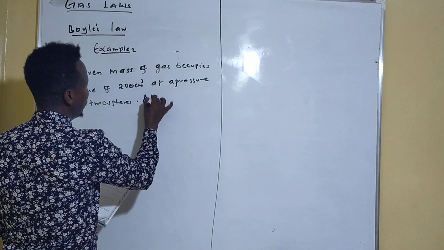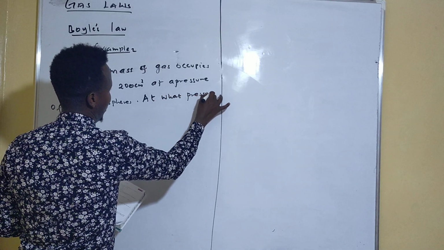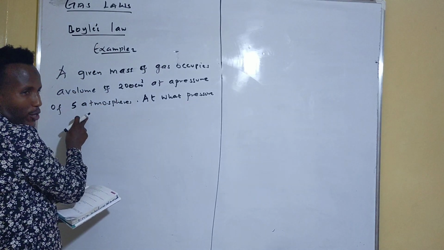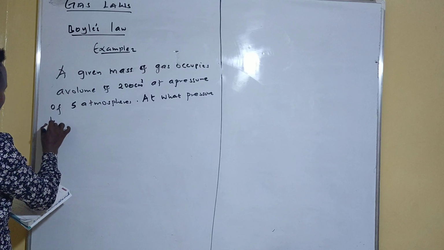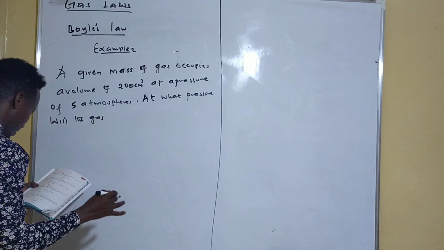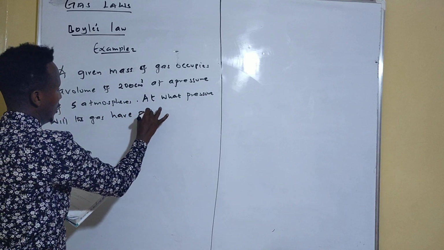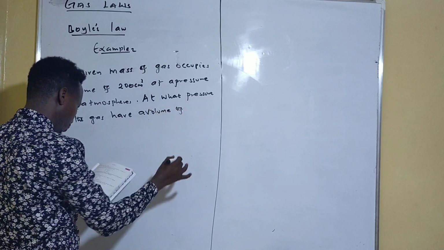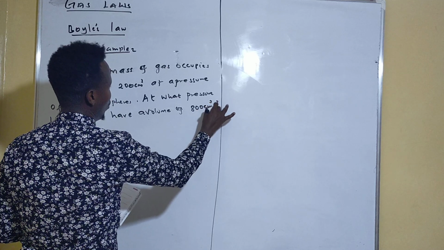You are told, at what pressure will the gas have a volume of 800 centimeter cubed? Pressure 2 is under question mark, because you already had pressure 1.